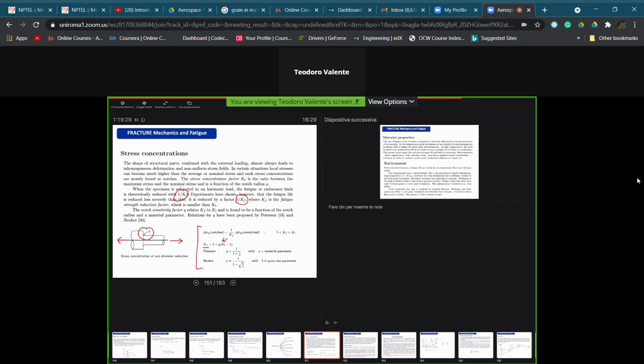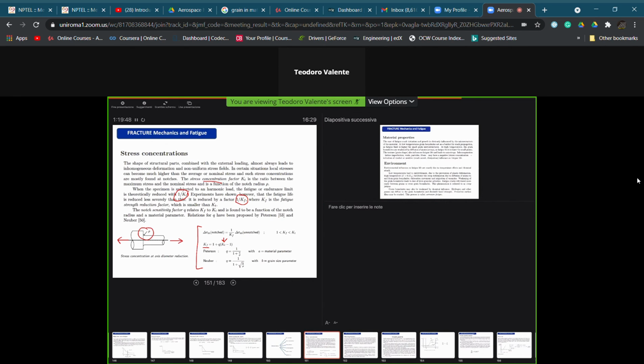But if we want to use those curves, the diagrams obtained by lab testing, on a real component having a stress concentration factor, we need to calculate the fatigue strength reduction and then use the data with this reduction.